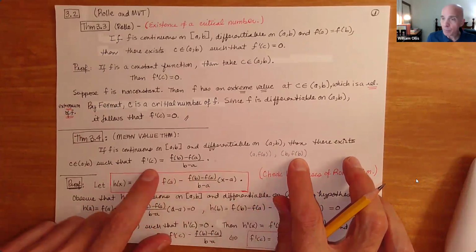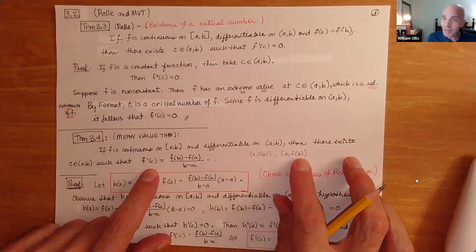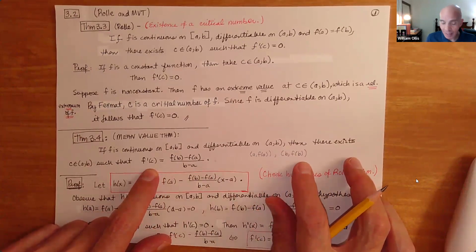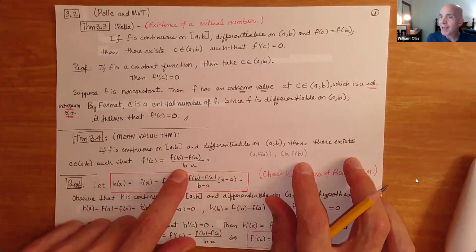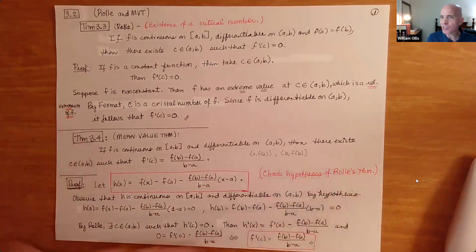And what the mean value theorem says is that we can find a tangent line that has the same slope as the secant line. Now, you're thinking, well, that's a nice geometric result, and why is it important? Well, the mean value theorem provides some very, very useful arithmetic. Arithmetic is important when it comes to working with the calculus, as we have seen many times.